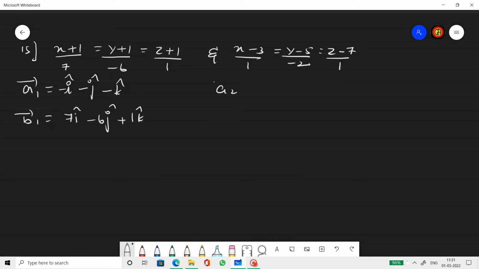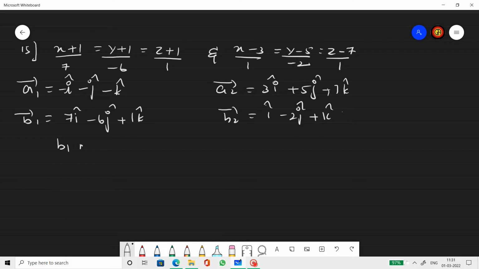Similarly, A2 vector is 3i plus 5j plus 7k cap, and B2 vector equals i cap minus 2j cap plus 1k cap. So we found A1, A2 and B1, B2. Now we understand that B1 is not proportional to B2. So that means they are skew lines. Therefore the lines are skew.